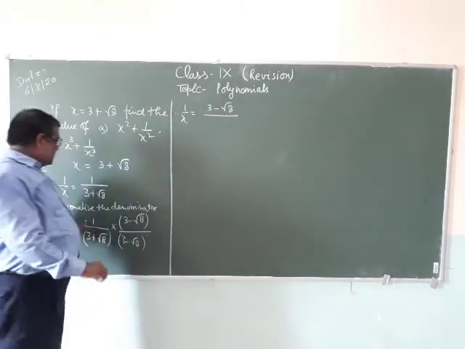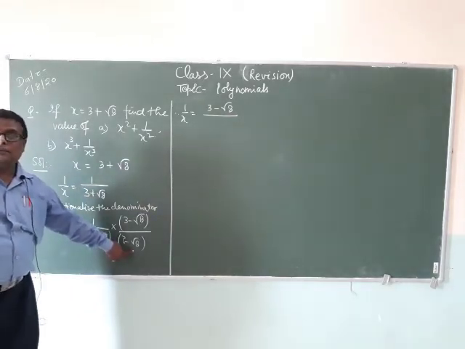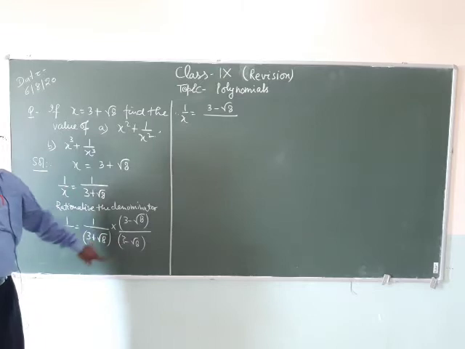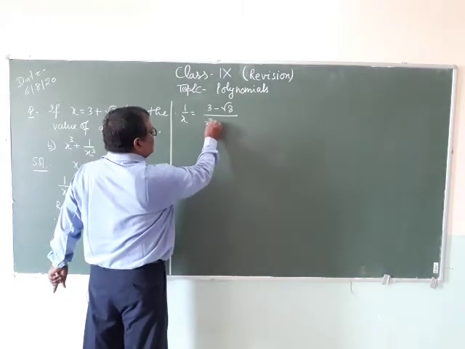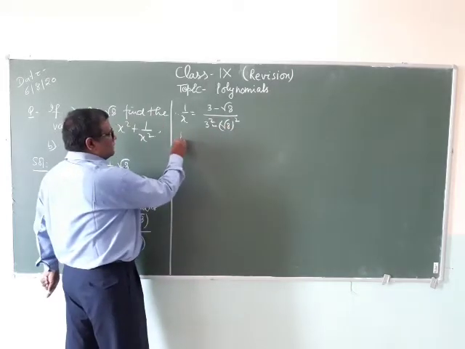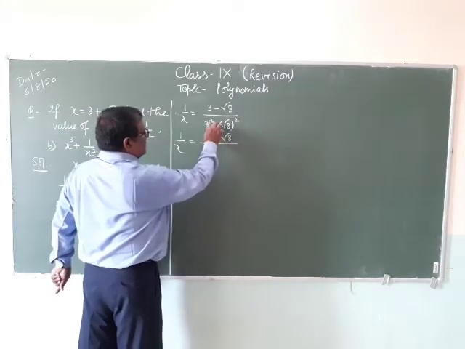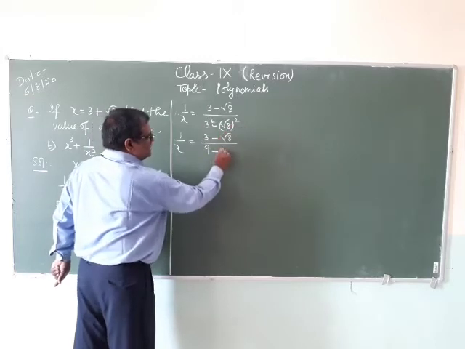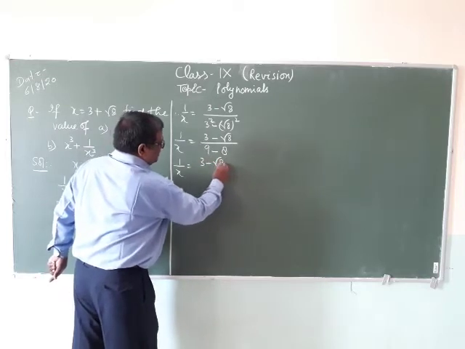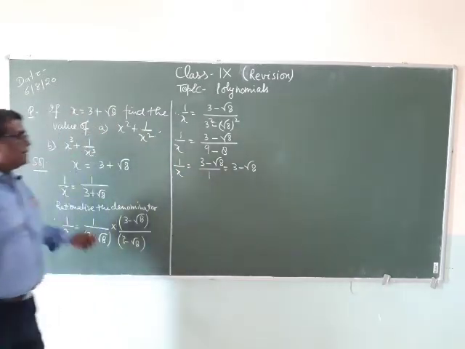Now we use a plus b and a minus b, that is a square minus b square. So 3 plus root 8 into 3 minus root 8 is 3 square minus root 8 square. Therefore 1 by x is equal to 3 minus root 8 upon 9 minus 8, that is 1, so 1 by x is equal to 3 minus root 8.